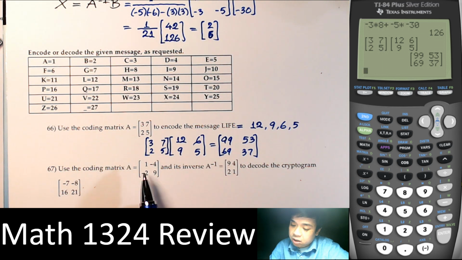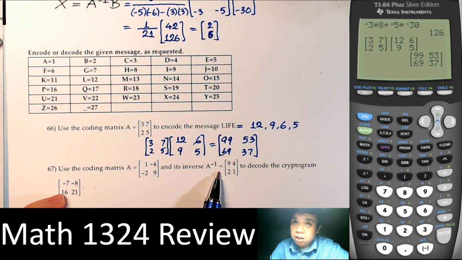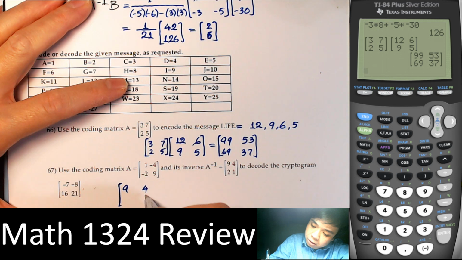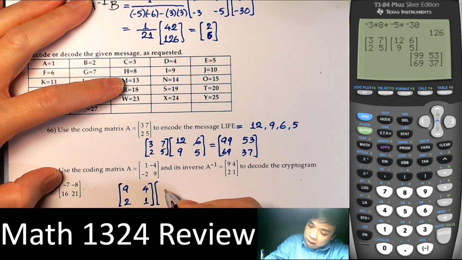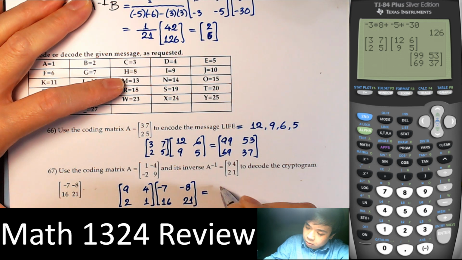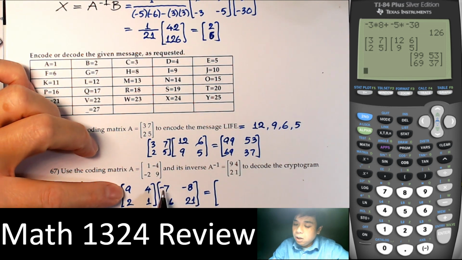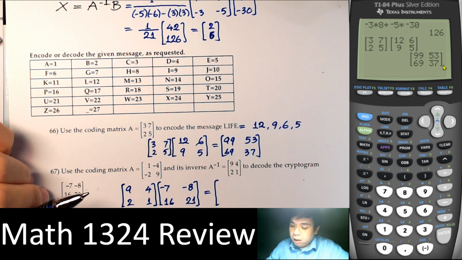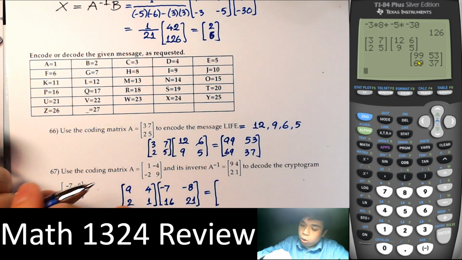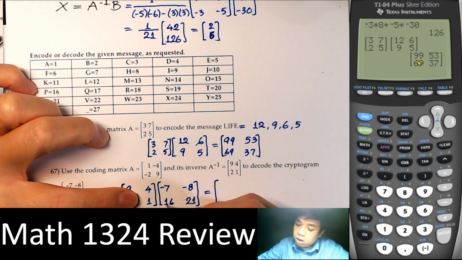Now that's the next one. So we have the inverse of A, and this is the message we try to decode. So we're going to take the inverse and multiply to the message. 9 times negative 7 is negative 63, and negative 63 plus 64 is 1.